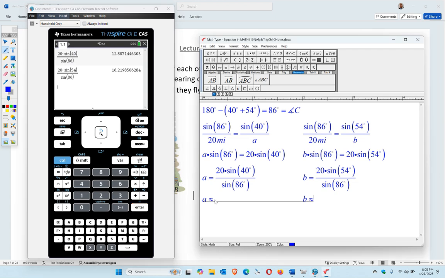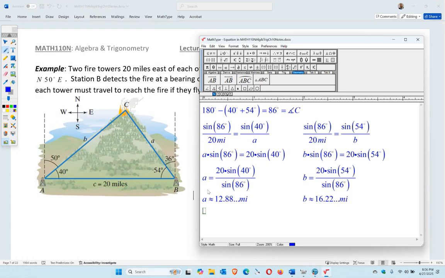So A is 12.88 miles, and B will be 16.22 miles. And the reality is, side A is the distance for B, actually, and side B is actually the distance for A. So the reality is, Tower B is closer.